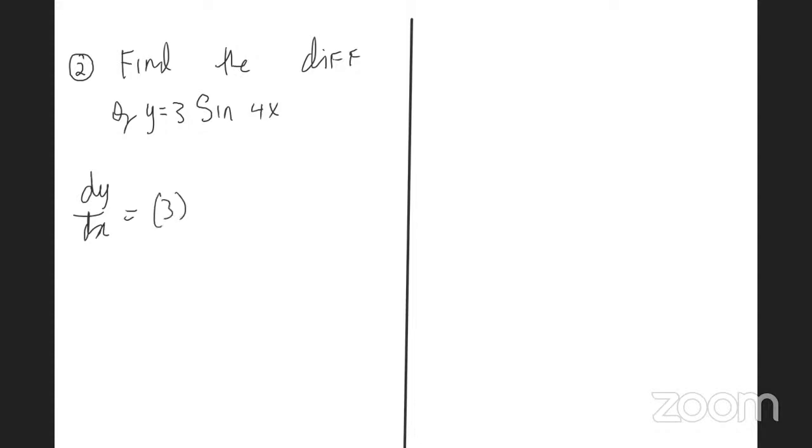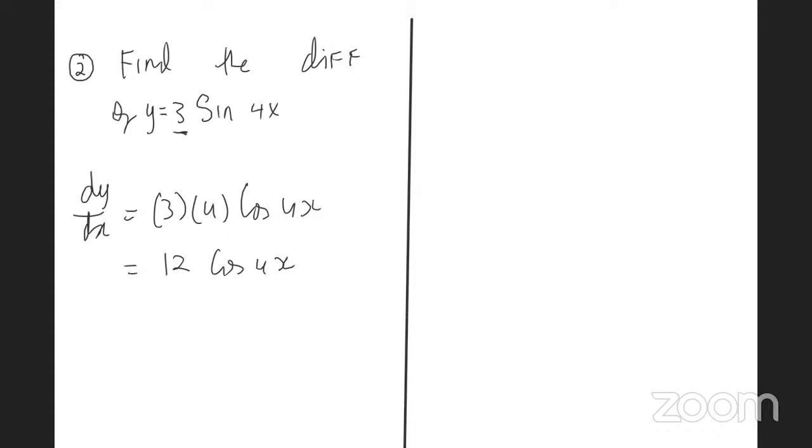Then the differential of 4x, the differential of sine, and then we write back the 4x. So don't let the 3 confuse you. Leave the 3 right there. So you'll end up with 12 cos 4x. You okay with that, Dylan? No trouble?